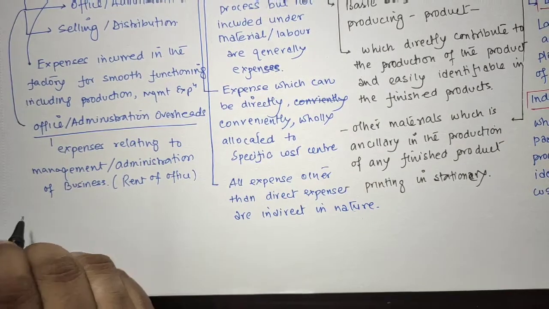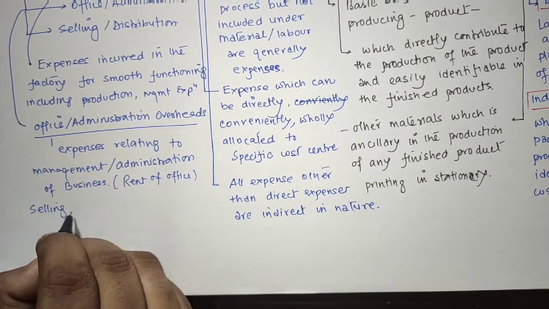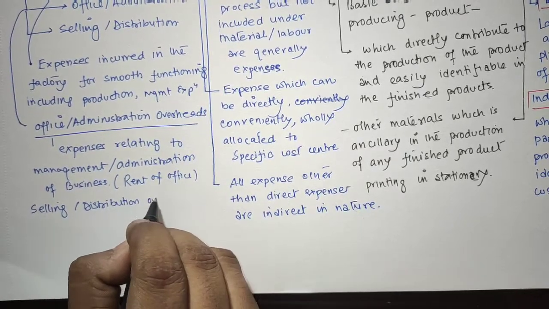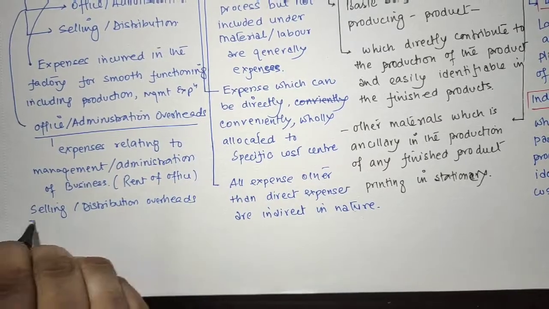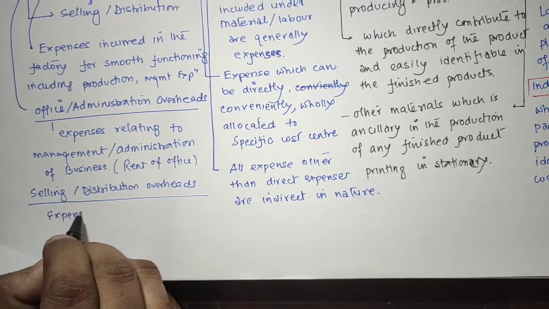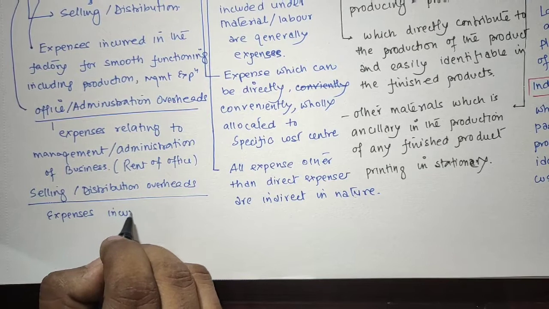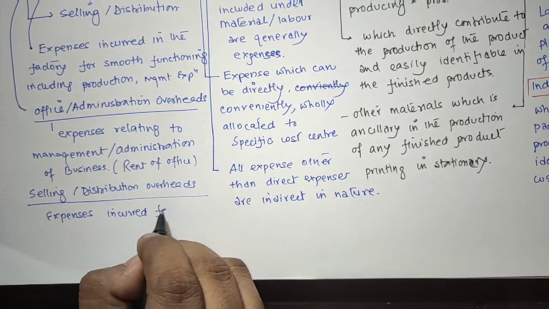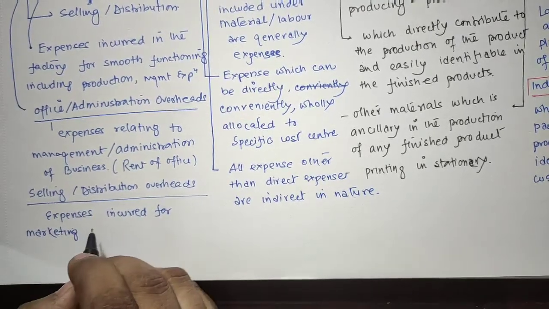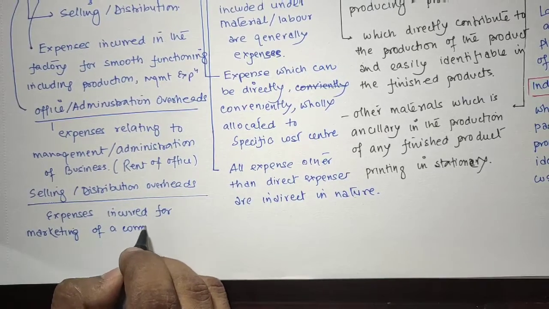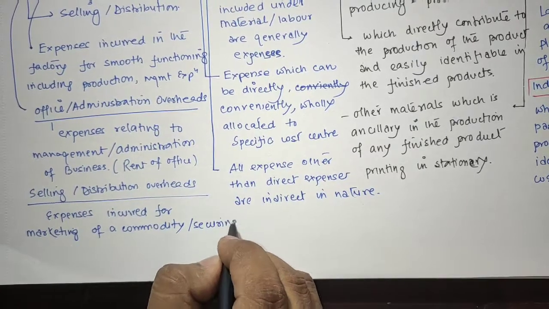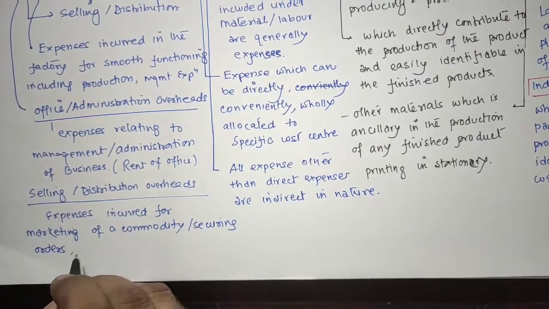And the last one we had is selling and distribution overheads. In selling and distribution overhead, these are expenses incurred for marketing of a commodity or securing orders or dispatching goods.